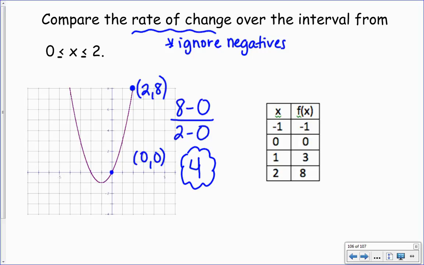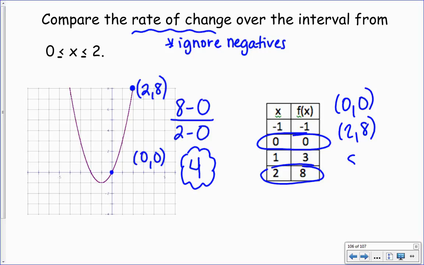So again, I'm going to use x values of 0 and 2, and I've got ordered pair 0, 0 and 2, 8, which for some of you at this point, you're looking at that going, okay, those are the same ordered pairs. If you're not seeing that yet, remember, put it in, y's on top, x's on bottom, put that in your calculator, and you'll see you are going to get 4.